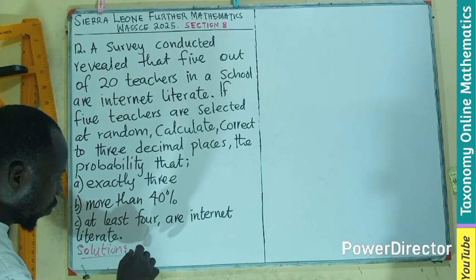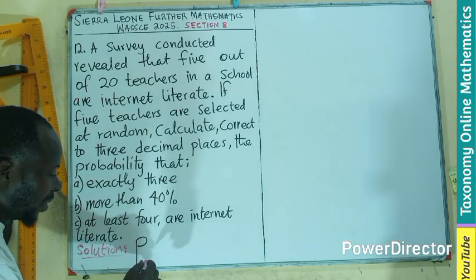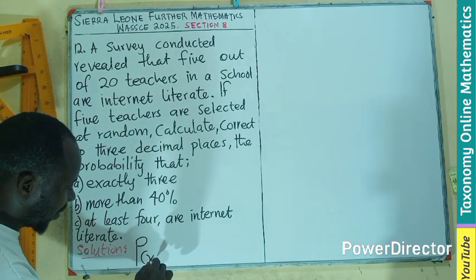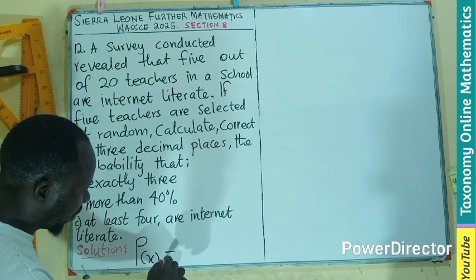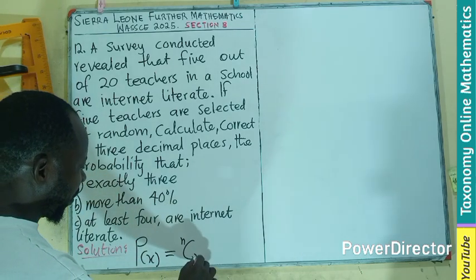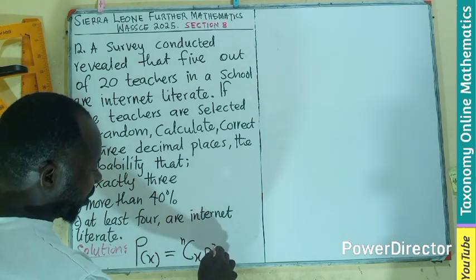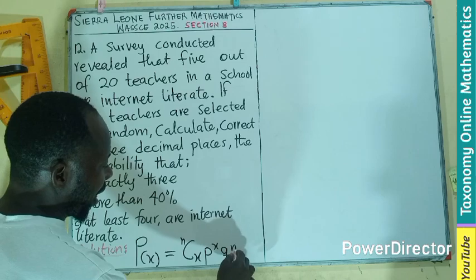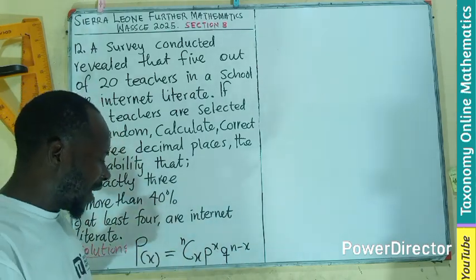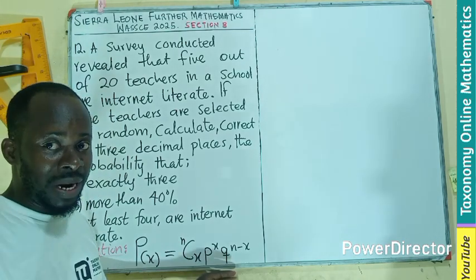We can quote the formula as P, the binomial probability of any trial, equals n combination x, p exponent x, then q exponent n minus x. Where p is the probability of a success, then q is the probability of a failure.